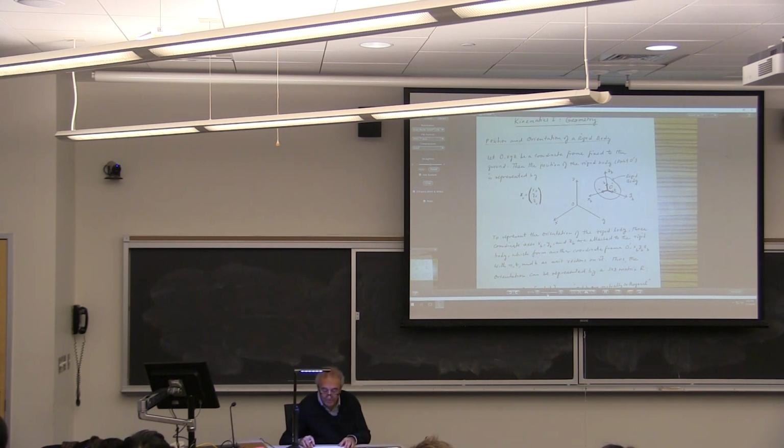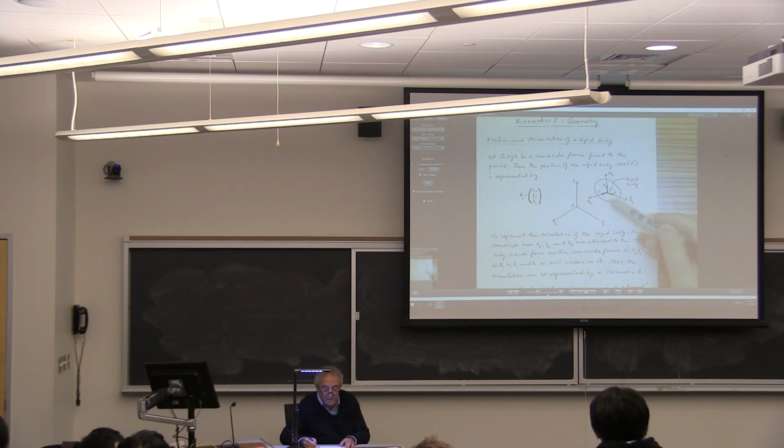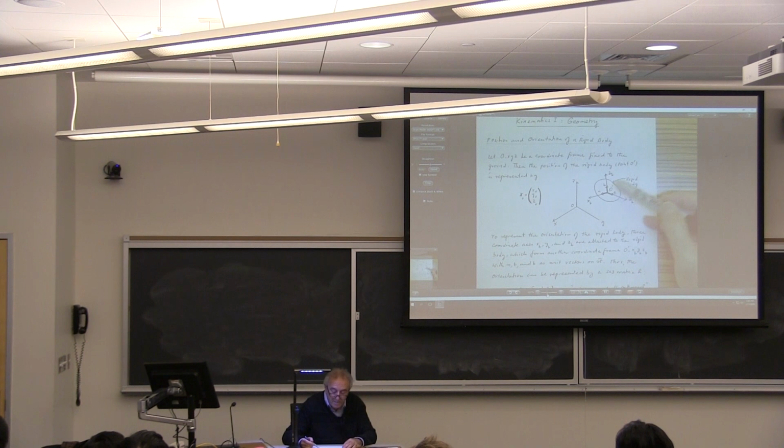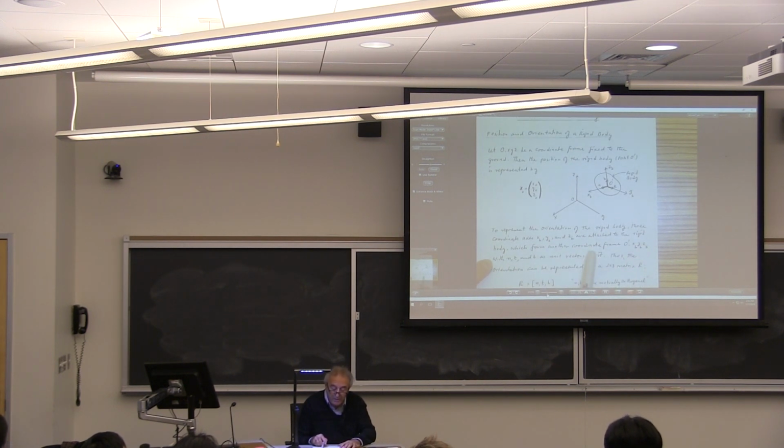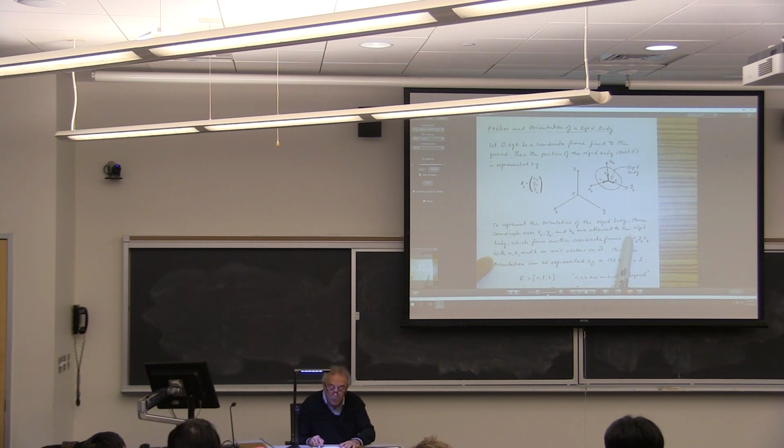Okay, so good. So you have this xb, yb, and zb coordinate system on the rigid body. Now, attached to the rigid body, which form another coordinate frame, which I call O prime, xb, yb, and zb. That's clear notation, right?